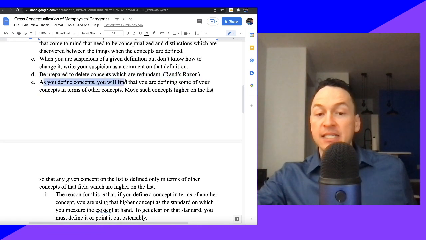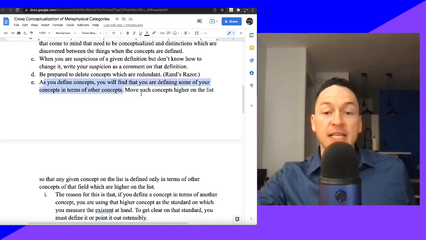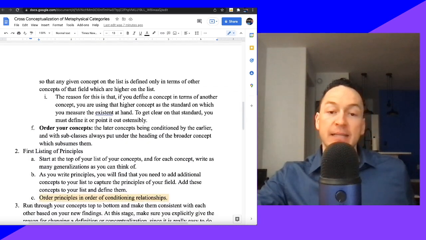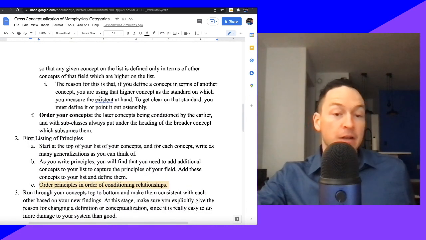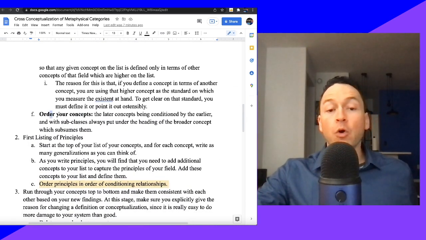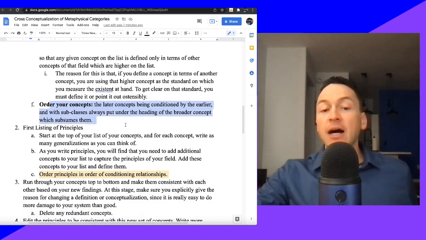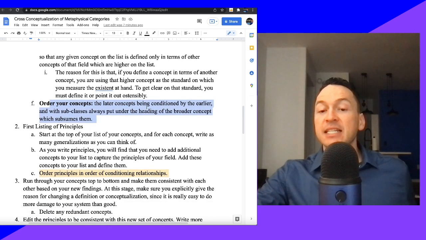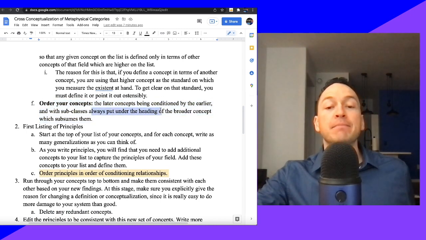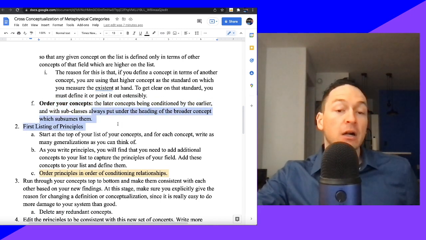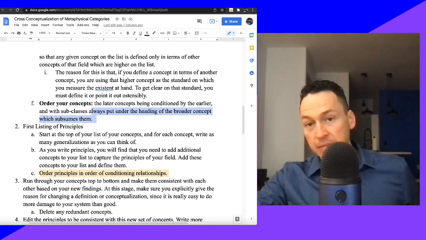As you define concepts, you will find that you are defining some of your concepts in terms of other concepts. Make sure you list your concepts hierarchically. I've gone over that a bunch of times. Order your concepts, the later concepts being conditioned by the earlier, and with subclasses always being put under the heading of the broader concept which subsumes them. Let me explain that.